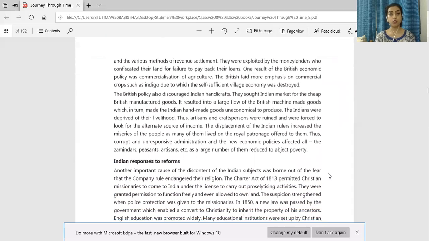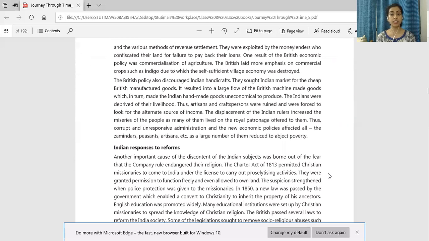Then the British policy also discouraged handicrafts. So Indian handicrafts, like bamboo weaving or bamboo craft, any kind of Indian handicraft, also lost importance. Why? Because they sought the Indian market for the cheap British manufactured goods. So what did the British do? They would manufacture goods in Britain, and bring those goods and sell them at higher prices in India.